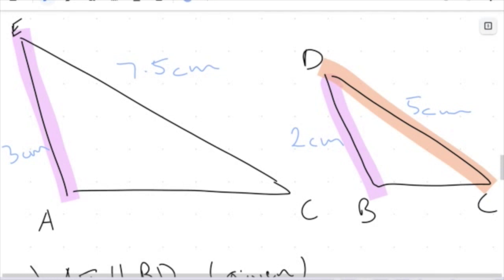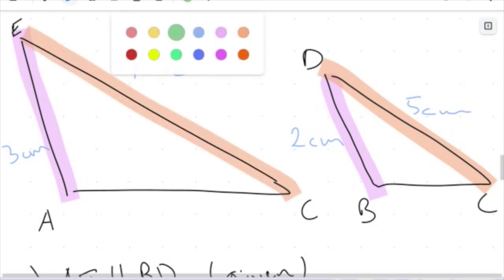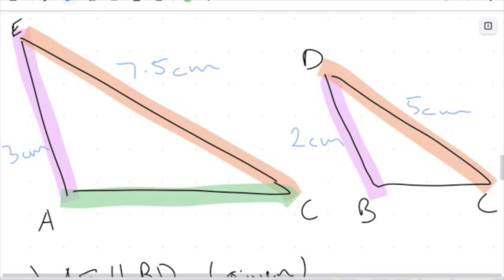And I've already proved they're similar, so that already tells me that all of these sides will have the same scale factor from one to the other. These matching corresponding sides all have the same scale factor. They are all in proportion. But that is how we can work through testing for similarity, particularly with similar triangles.